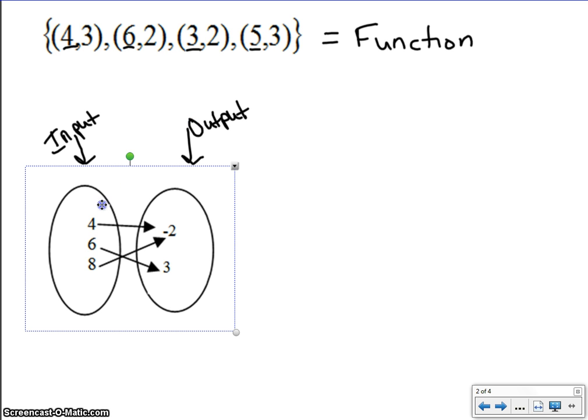So if we put a 4 into whatever our rule is, our function is, a lot of times functions are rules, we would get out a -2. If we put in a 6, we get out a 3. If we put in an 8, we get out a -2. So whatever our rule is, those are our outputs. Now if you notice, each of our inputs is unique and each input has exactly one output, so this also would be a function.